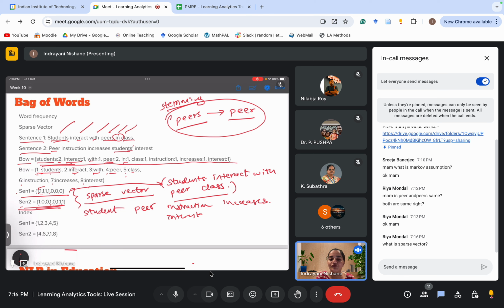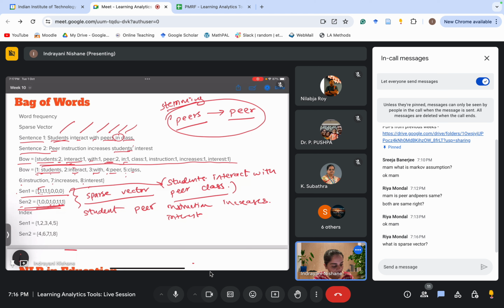It is the list of which words out of the bag of words are present in the sentence. If the word is present, it will be denoted by 1. If the word is absent, it will be 0. Sparsing is the processing of the sentence, or how that sentence will be interpreted or stored by a computer. So the sparse vector denotes which words out of all the words we have are present in that particular sentence.